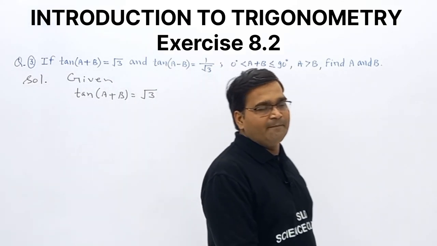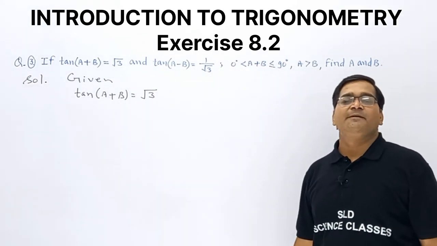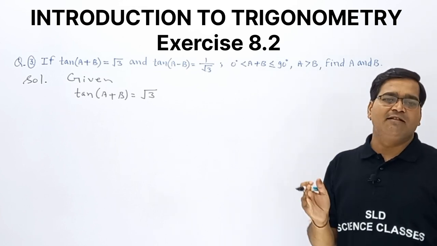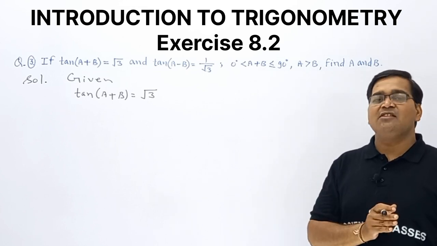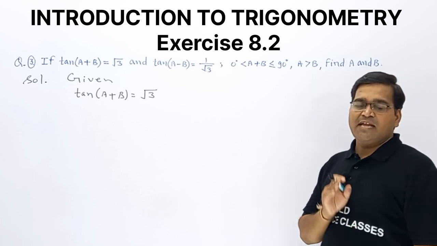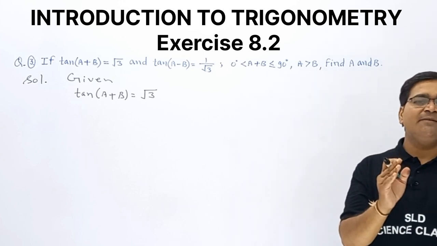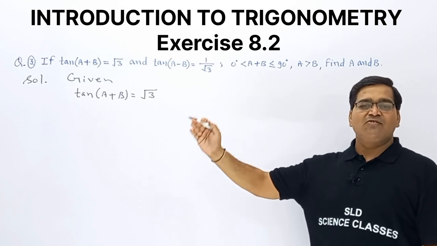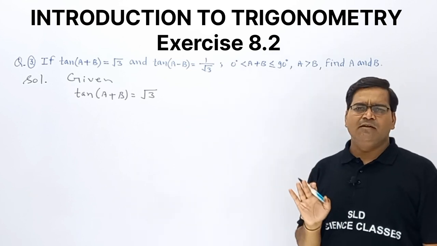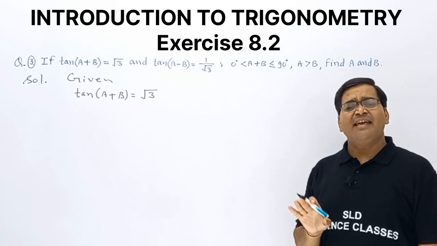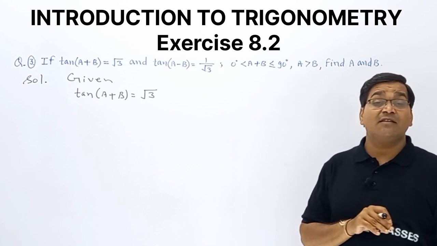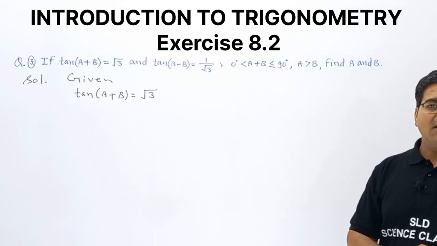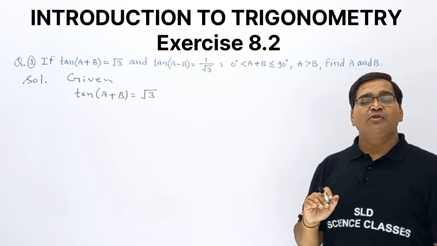We studied various types of angles, or we can say specific angles, of tangent theta: tangent theta for 0 degree, 30 degree, 45 degree, 60 degree and 90 degree. We memorized the values, and how do we get tangent theta? Tangent theta is the ratio of sin theta upon cos theta.